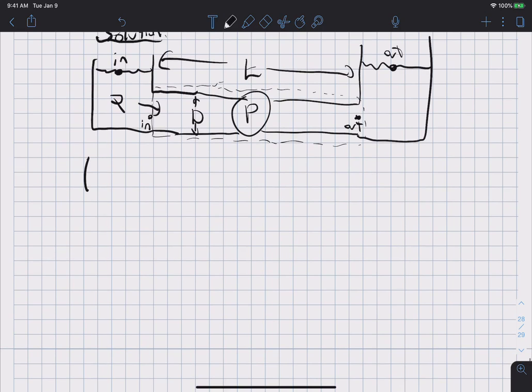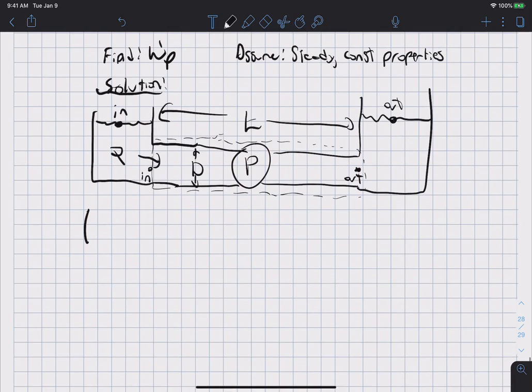And we use our energy equation like we always did before, and we'll assume a fully developed flow. Okay, and that was an assumption for the previous example that I forgot to mention. And so with all these assumptions, we can use the energy equation that I derived in the previous lectures.